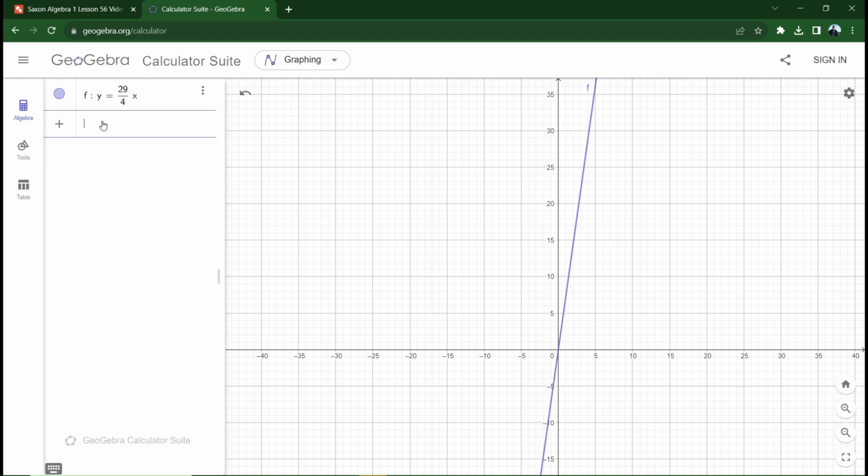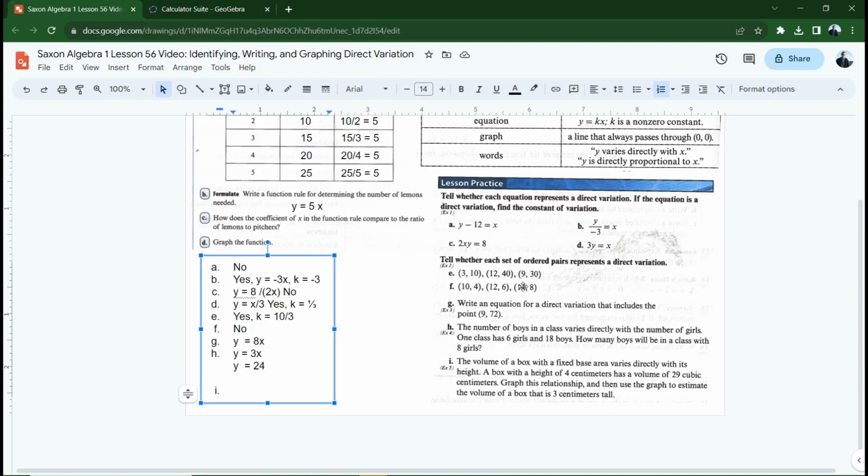I'm going to use a little trick I know, and I am going to create the line x equals 3, and that'll give me the intersect, 21.75. So about 22 cubic centimeters is about the volume of the box that's 3 centimeters tall. All right, that's it. Now you are able to work the problems for this lesson.